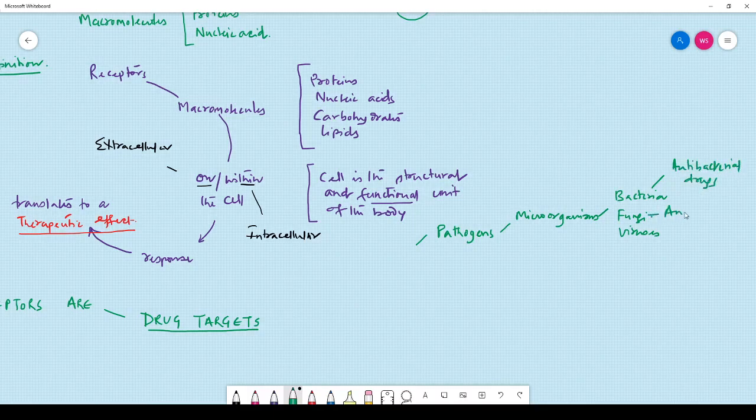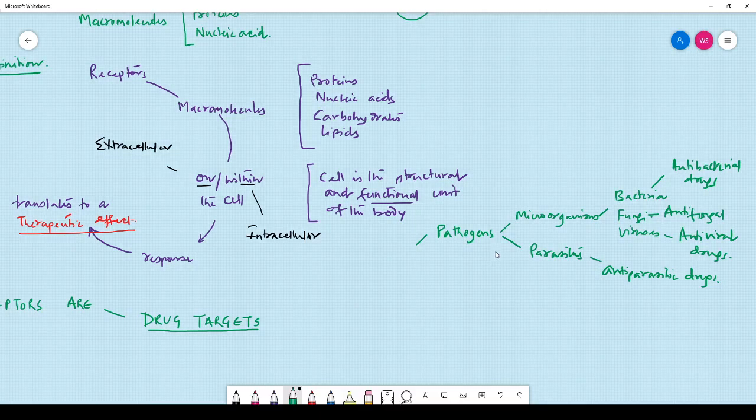We have antifungal drugs. We have antiviral drugs. They can also be parasites, like worms. So we have anti-parasitic drugs.